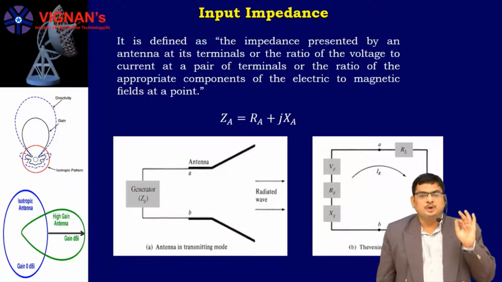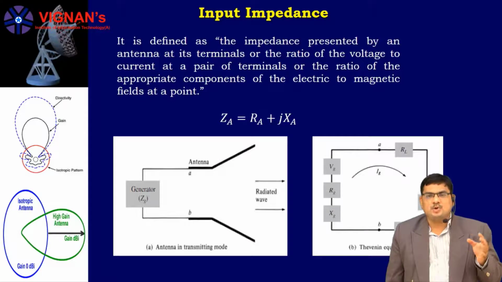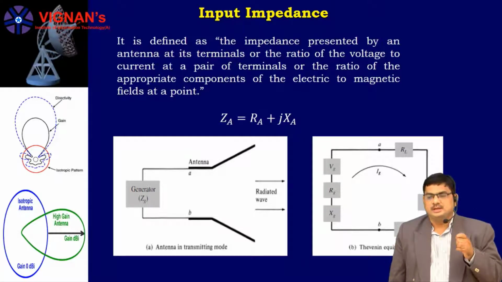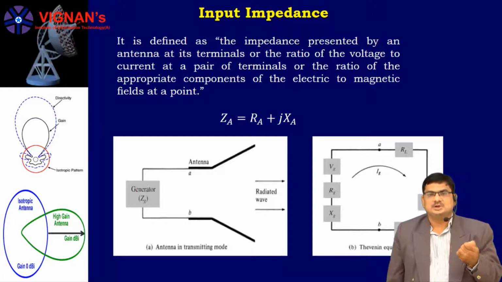But due to some ohmic losses, that means dielectric losses or conductive losses, the input impedance is changed. Input power is somewhat dissipated. So, that's why the input impedance is always a complex quantity.